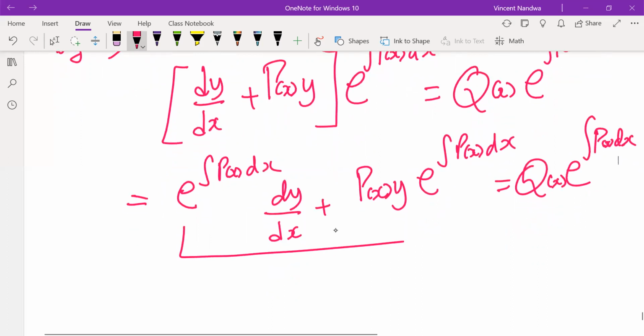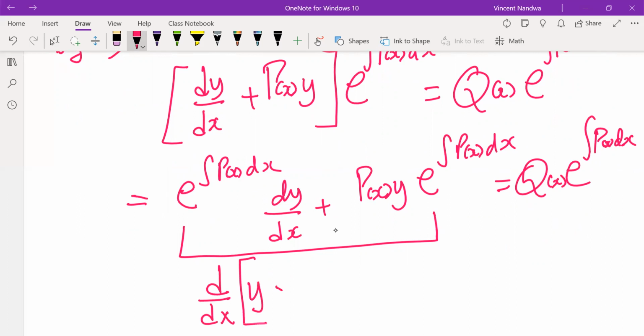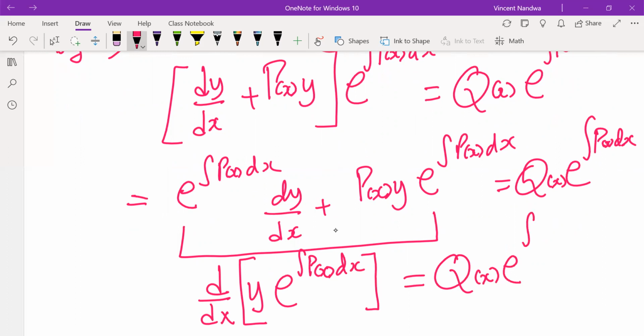Now this left hand side is actually the derivative of y times e raised power the integral of p of x dx, equals q of x e raised power the integral of p of x dx. Confirm that this really is the derivative of the product of the function y and the integrating factor.